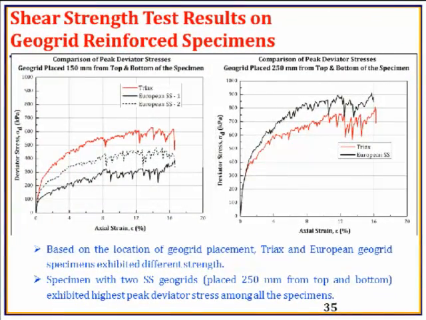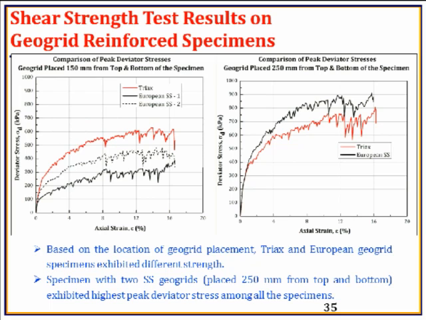And here is the test result for peak deviator stress and geogrid placed at 150 millimeter from top and bottom of the specimen. And surprisingly, as you can see, the shear strength that was exhibited by the 2 specimens, the Tri-ax specimens and the European KSS specimens, were the lowest compared to the one-geogrid specimens.